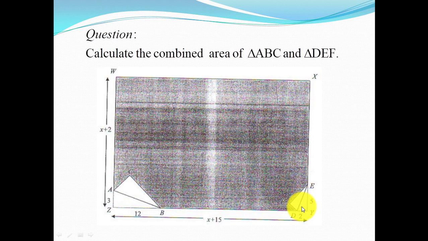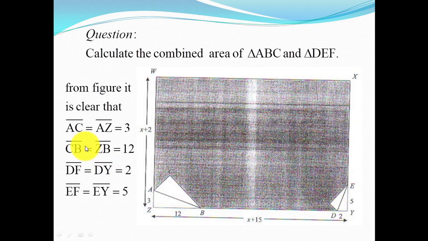Understand this very clearly, that these triangles ABC and DEF are just the turn of this page. They are just like AZB and DYE, so their lengths and the weights are the same.